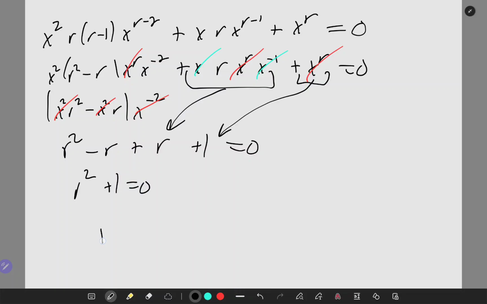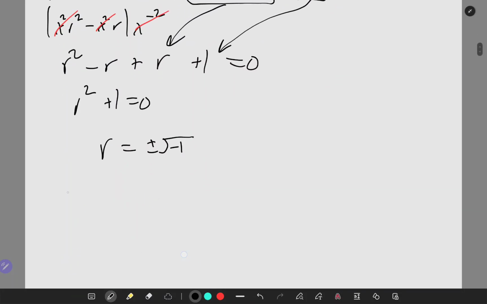This would give us that r is equal to, oh no. Well, anyways, I'm just going to write it like this, but I'm not going to go any further. I just wanted to show what would happen when we get to here. When we propose our general solution, it's now going to be different.